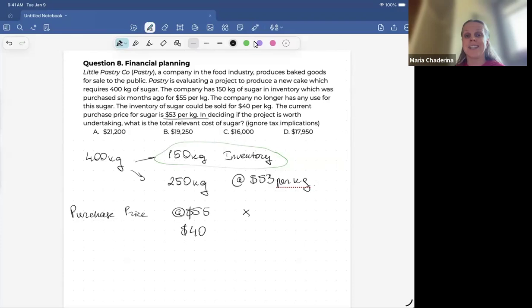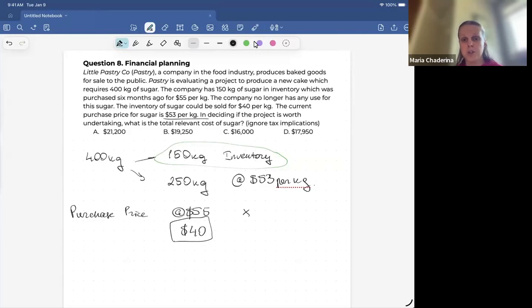Okay, so now the relevant value for us as owners of sugar is going to be $40. Once again, ignoring any tax implications as a write-off or any other reasons, the relevant value for us for that 150 kilograms of sugar is going to be $40.